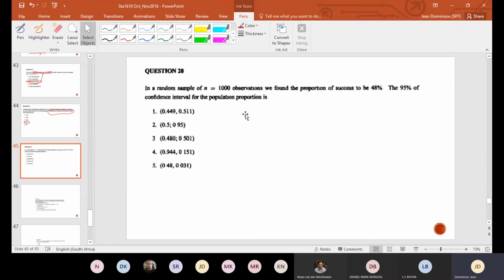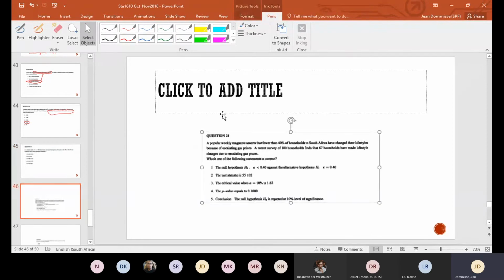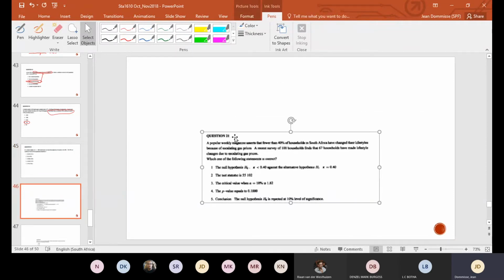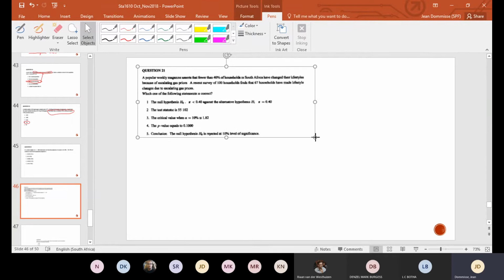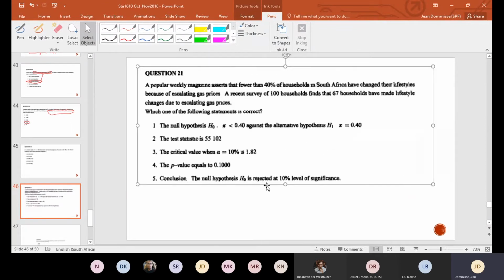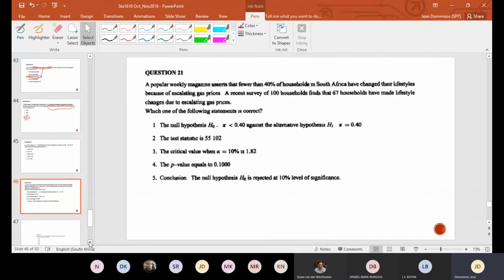Question 21 was also the same as the previous paper, so I'm not going to go through it. I'll share this whole presentation tonight on the share drive, so that you can see all the workings of the previous paper as well.